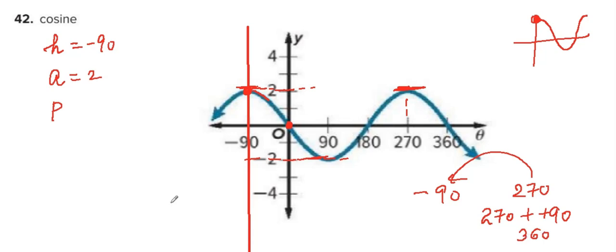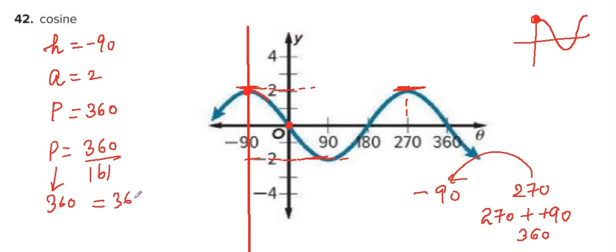It will be 360. 360 is the period. The period formula is 360 over b. So period is 360, which is 360 over b. Simplify this, b will be 1.